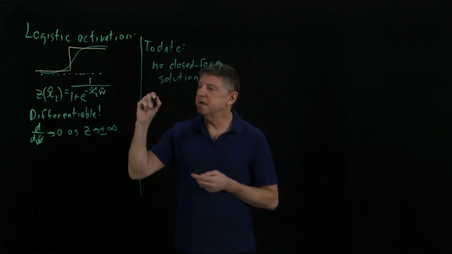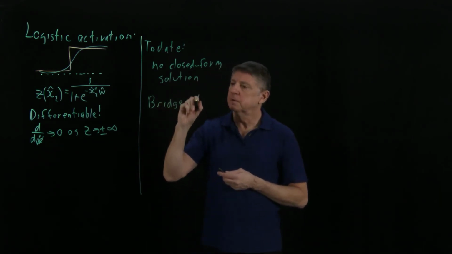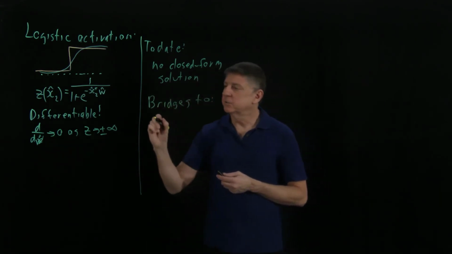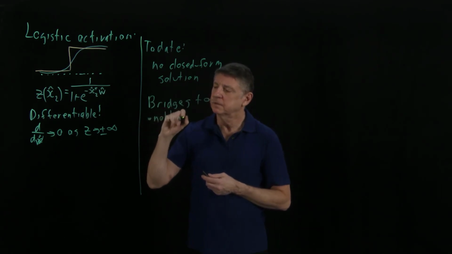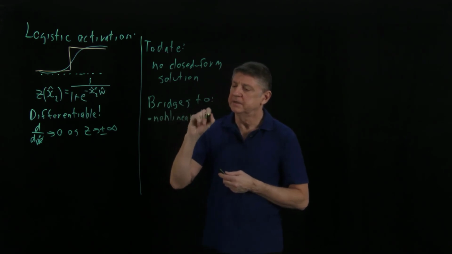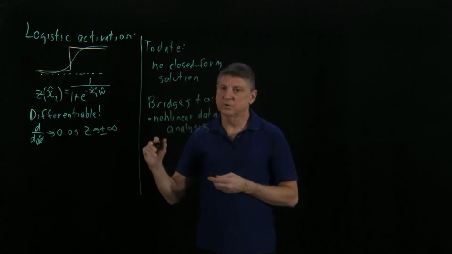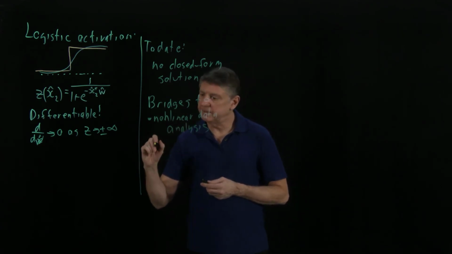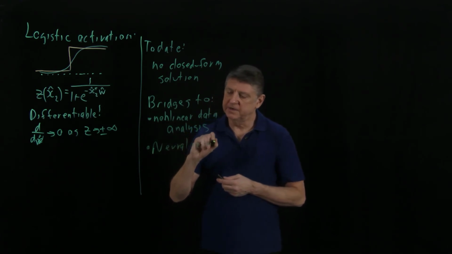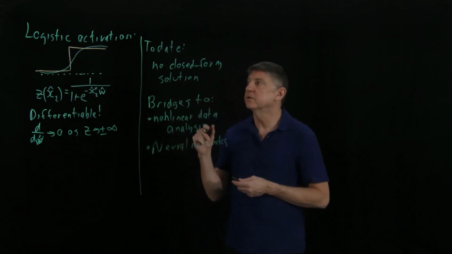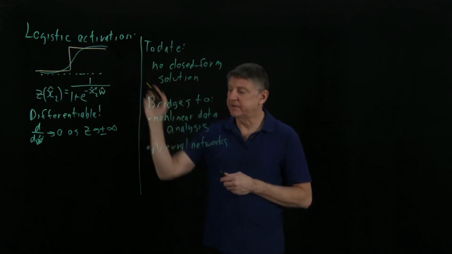So this is a bridge to other areas. This would take us to nonlinear data analysis. And it also takes us to neural networks. And neural networks are layers of these artificial neurons that have nonlinear activation functions.